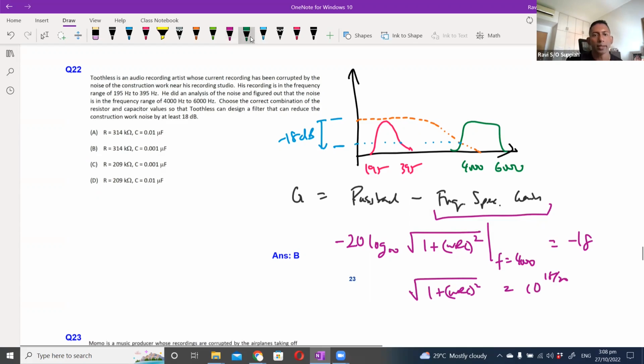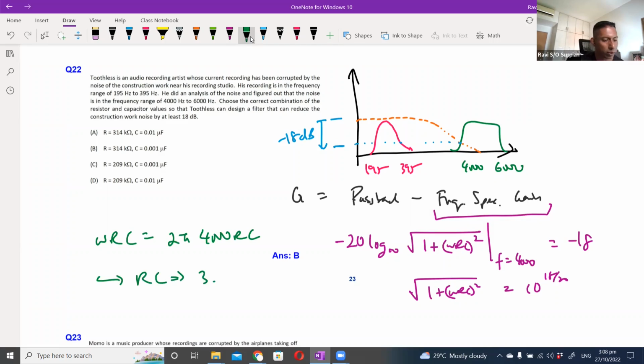Then omega RC is 2 pi times 4000 times RC, which implies RC equals 3.14 times 10 to the power of minus 4 seconds. Then you just need to see which combination gives you this, and you will see that it is option B.